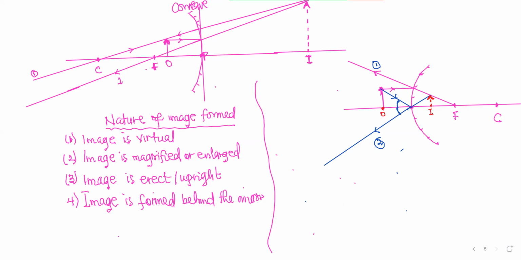Okay, so let's discuss the nature or the characteristics of this image formed. 1, we are discussing the characteristics or the nature of the image formed. 1, images. Anybody can start.